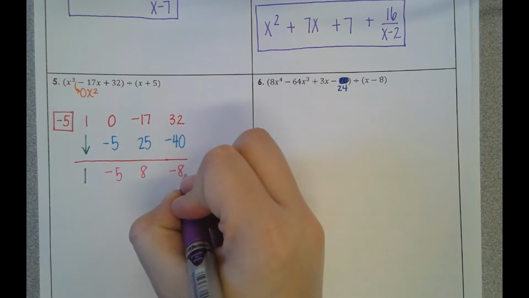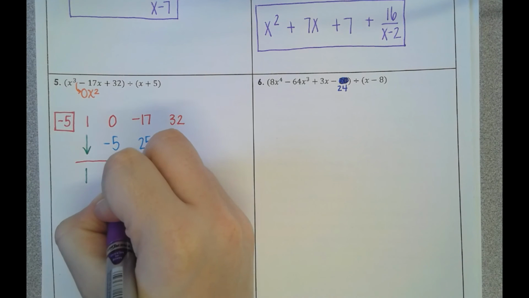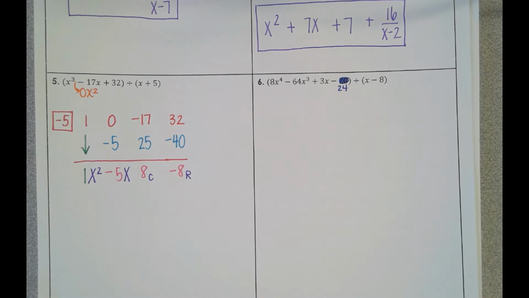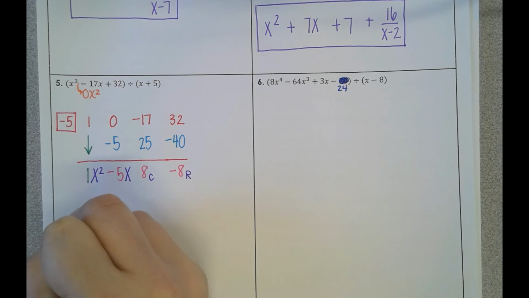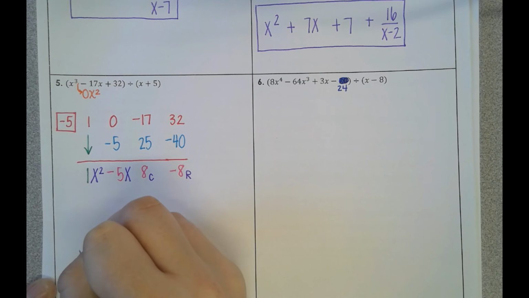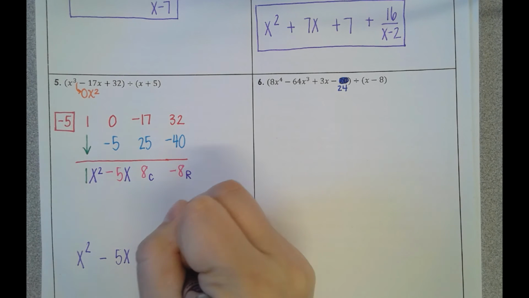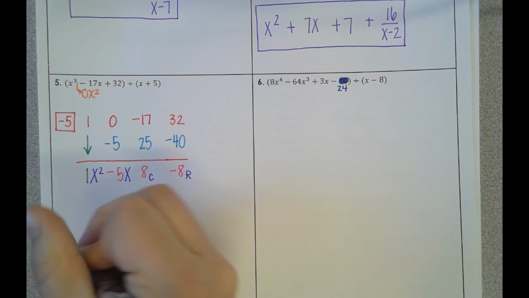So this last one, that is my remainder, constant, x squared. So my answer is x squared minus 5x plus 8 minus 8 over x plus 5.